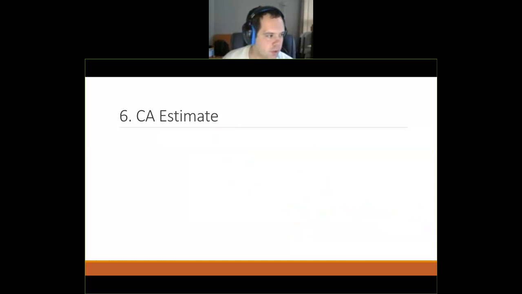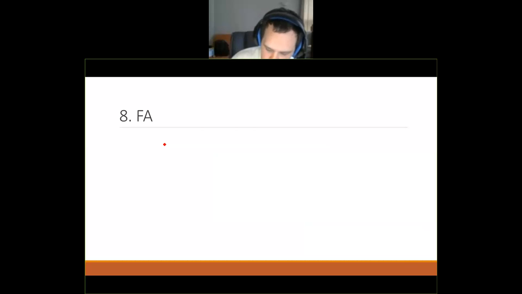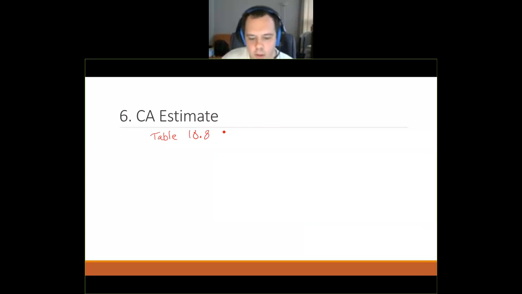With my coarse aggregate estimate, I need ACI table 10.8, where I'm going to have the fineness modulus of my fine aggregate, which I stated earlier, and that's 2.7.